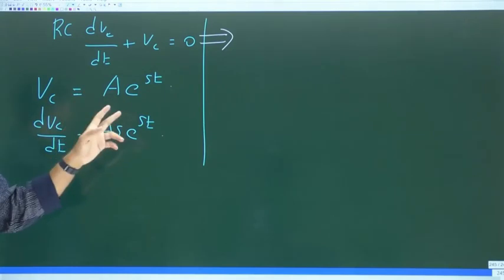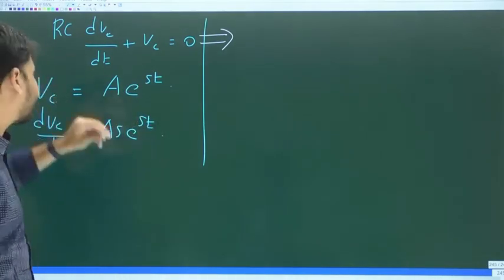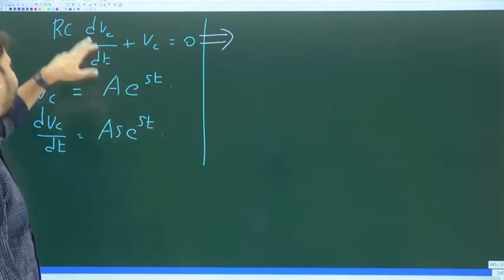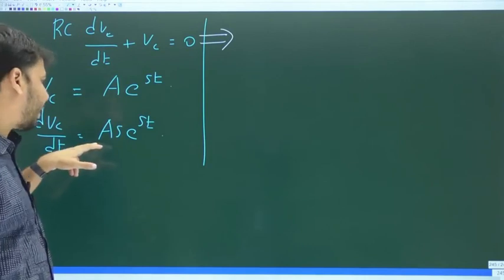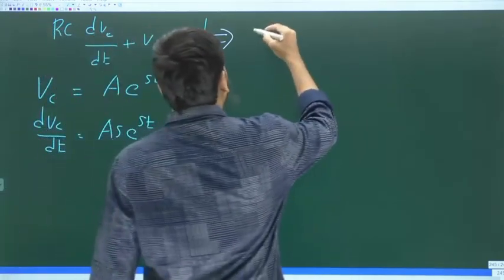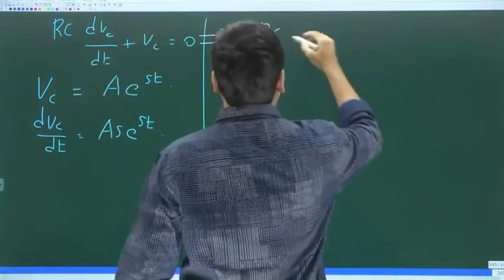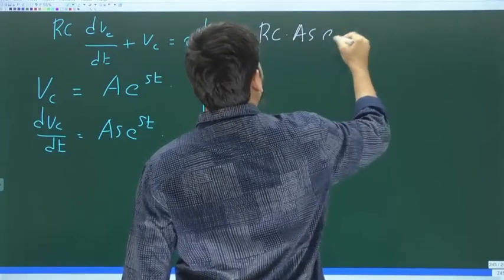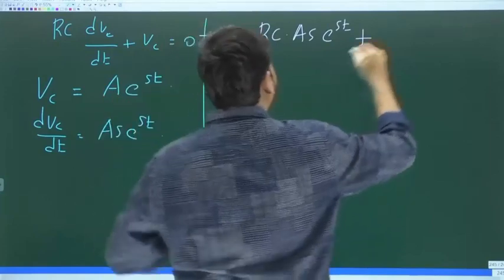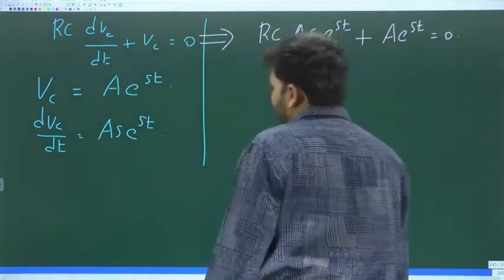Because we are assuming A times e power st to be the solution, in place of Vc you write A times e power st, and in place of dVc by dt you write As times e power st. First you have RC, then dVc by dt which is As times e power st, and then plus Vc, which is A times e power st.